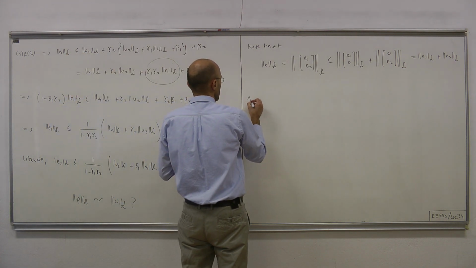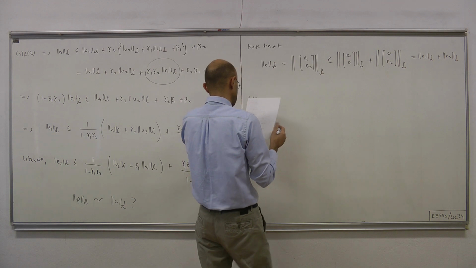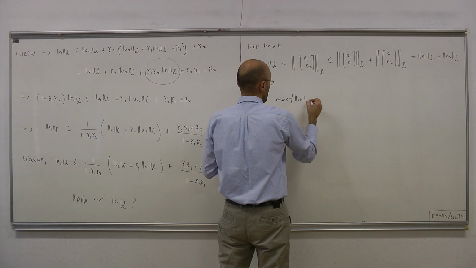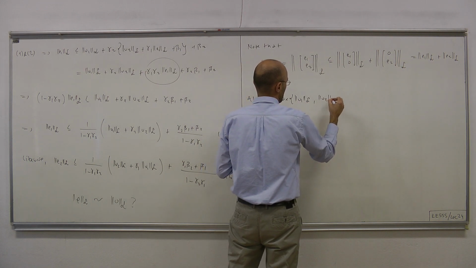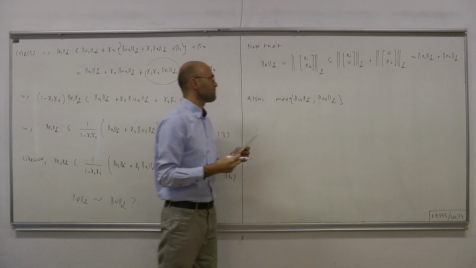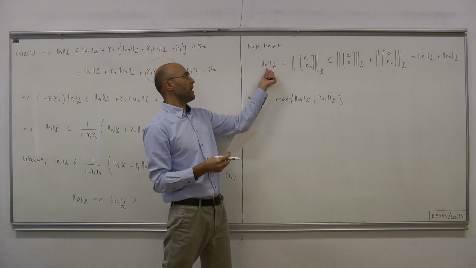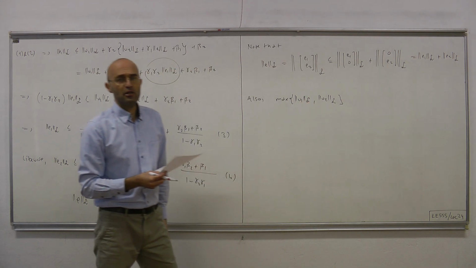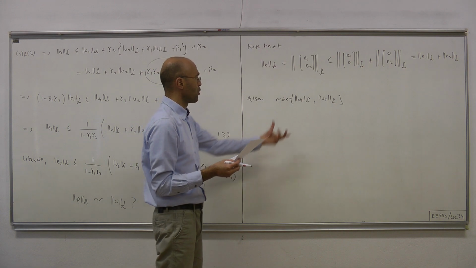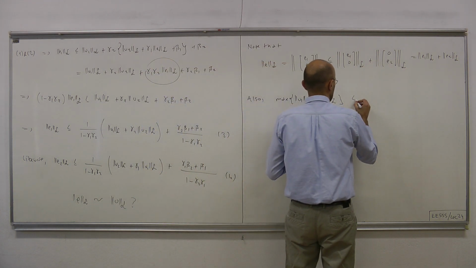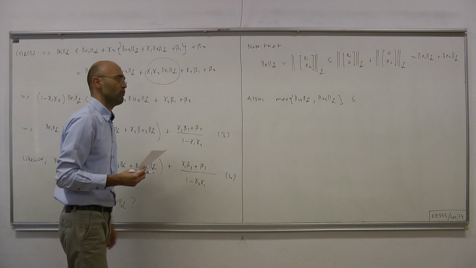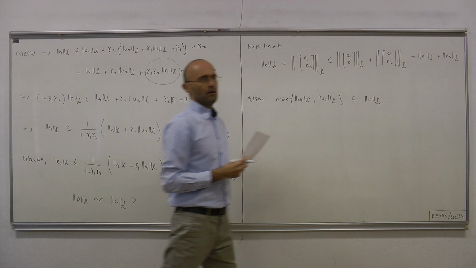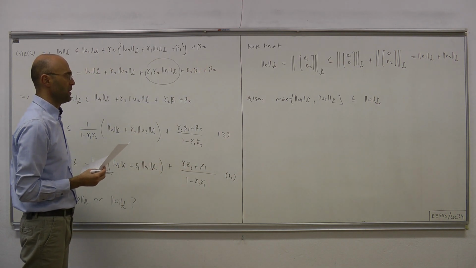And then also, U was defined as U1 and U2, that vector, and the maximum of the individual L norms of the components of U will be larger than the norm of U. That's also easy to see.